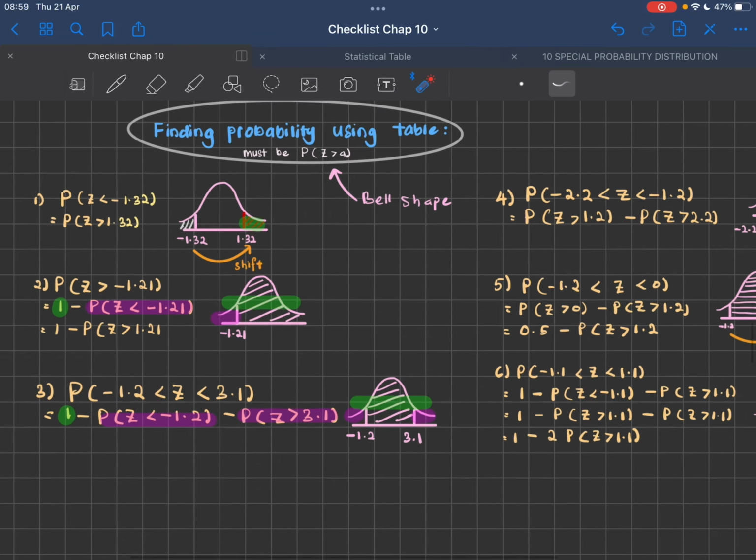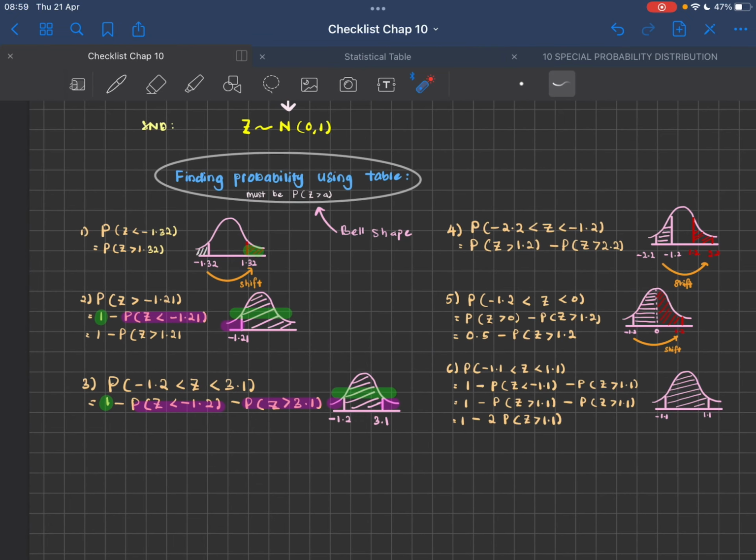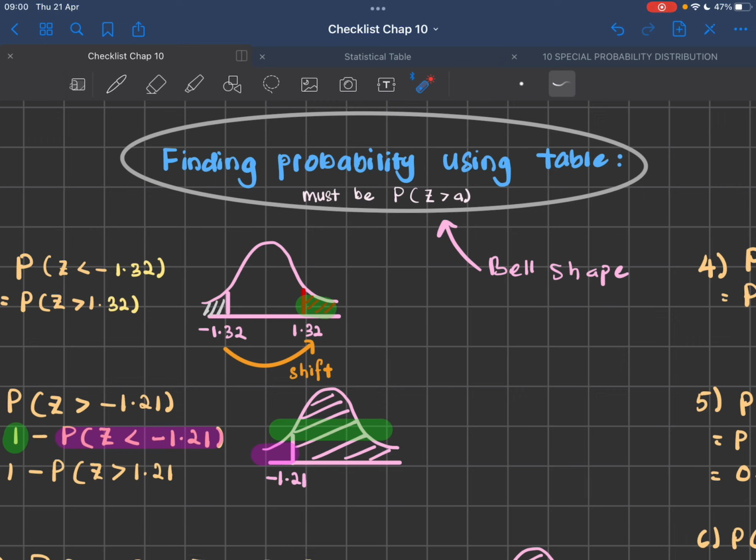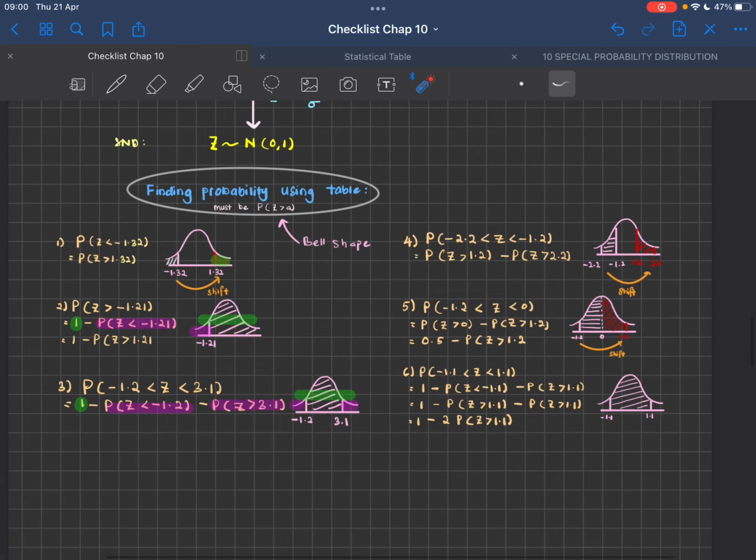So we use the bell shape to represent the probability. As you can see from here, we have Z less than negative 1.32, this is your probability. We can simply shift this to the right hand side, which is the same probability, but now we have Z greater than 1.32.